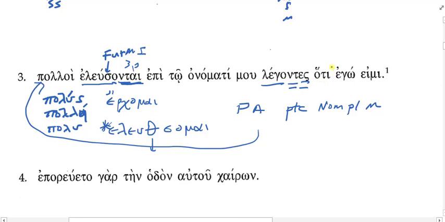Now, saying what? Hoti. How would you translate hoti here? Okay, you could translate hoti as that. Well, how else can hoti be translated? Okay, a colon. And then, what are you going to put here? Put quotation marks. In other words, you might not translate hoti if it's introducing what kind of speech?